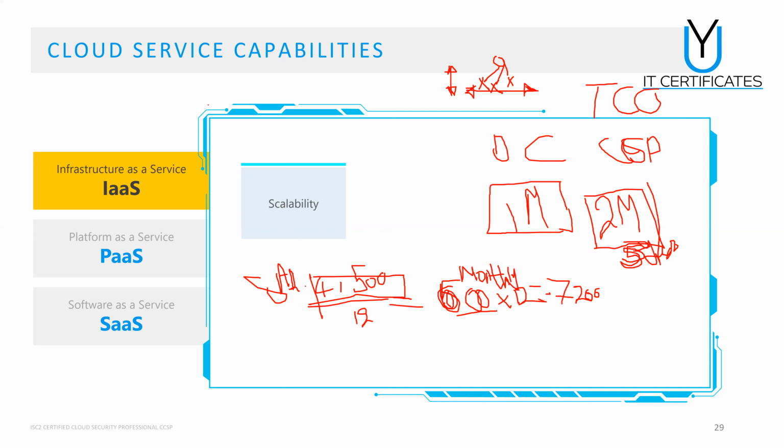Here, regarding the relation between CapEx and OpEx, we don't have a right answer. No one will tell you, oh no, OpEx is better, or no, CapEx is better. What you are hearing is not right. It depends upon your organization.